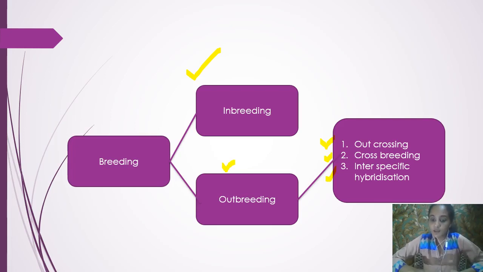Breeding is divided into two: inbreeding and outbreeding. Outbreeding is again divided into three: outcrossing, crossbreeding and interspecific hybridization. Clear? Now, we have to deal with each and every heading separately with the help of examples. So let's go to the first one, that is inbreeding.